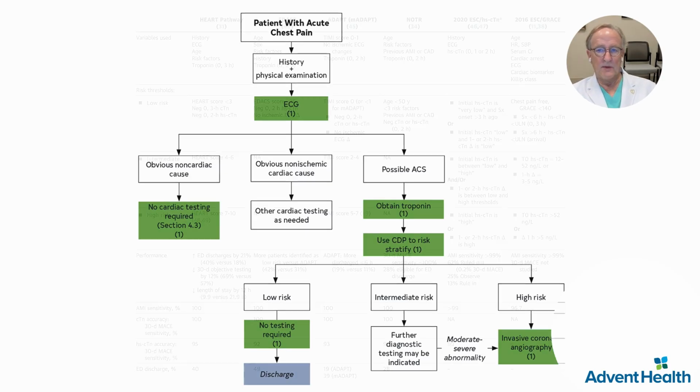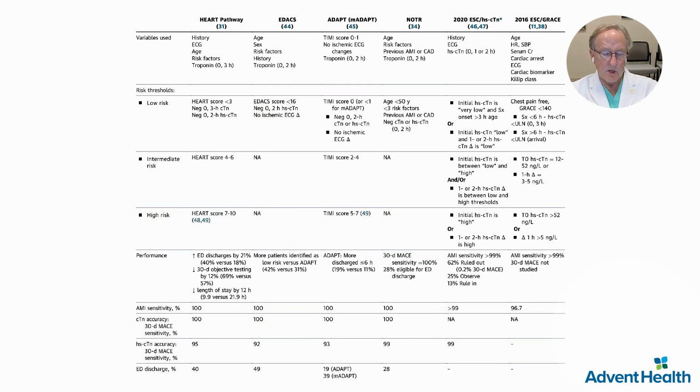How do you put people in those categories? Over the years, there have been a number of algorithms which have been developed, and you're all aware of this. We use the HEART score, which is the first column here. These others I'm not going to go into in detail. They're of varying complexity. You can see the variables used in the top row here.